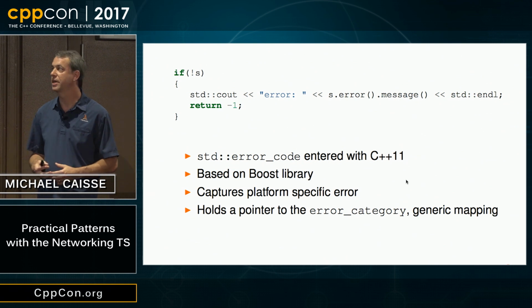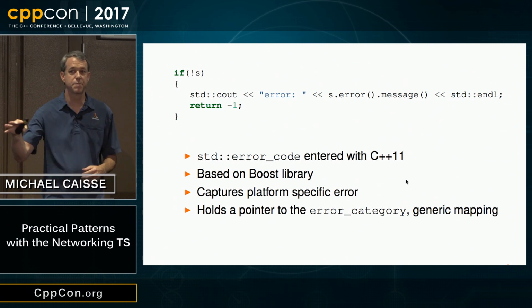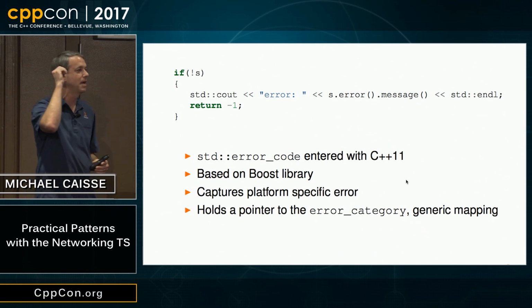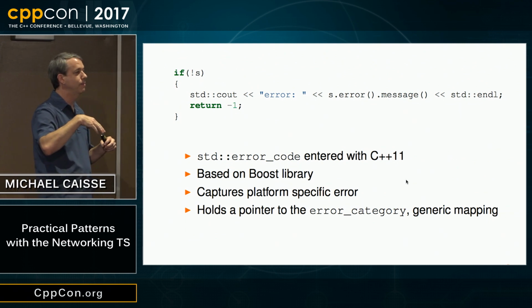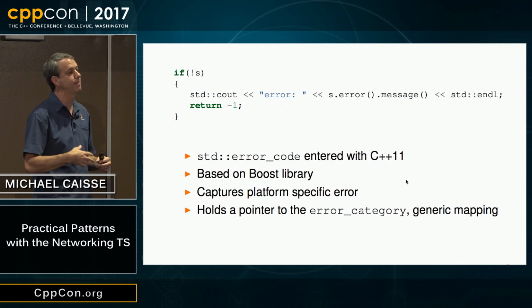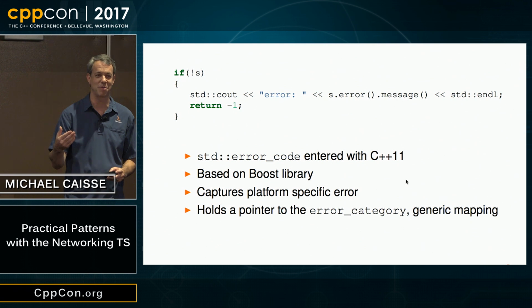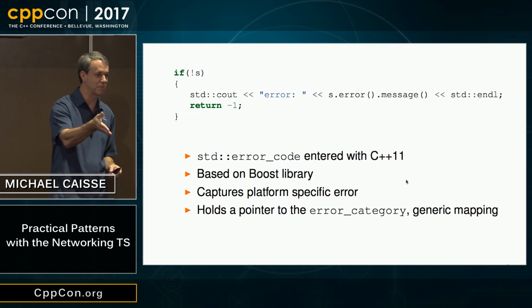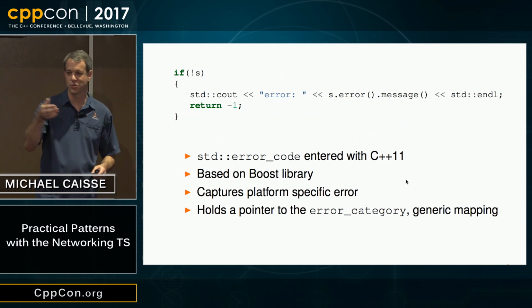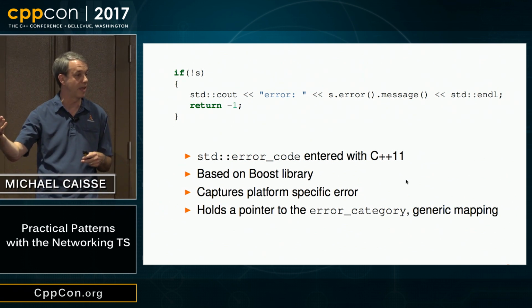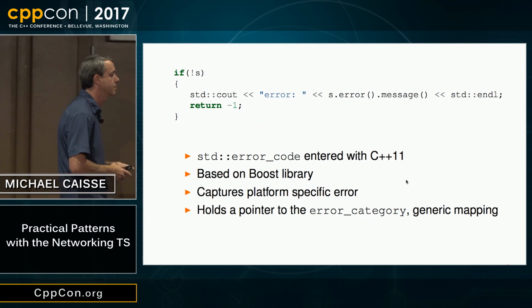At the same time, we can capture platform-specific errors, so we're not going to lose the platform-specific error. That will continue to bubble up. And we have something that we can be more general about and actually make decisions upon. That's often a problem. You write code for a very specific platform, you try to run it on another platform, and then you've got to come up with another scheme to deal with the errors on that platform.